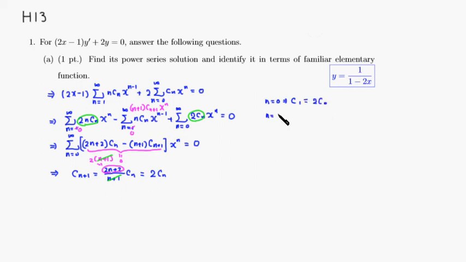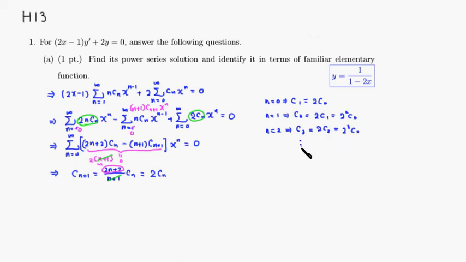For n equals 1, C2 is equal to 2 times C1, but C1 itself is 2C0, so this is going to be 2 squared C0. And n equals 2: C3 is equal to 2 times C2, but C2 itself is 2 squared C0, so it's going to be 2 cubed C0.